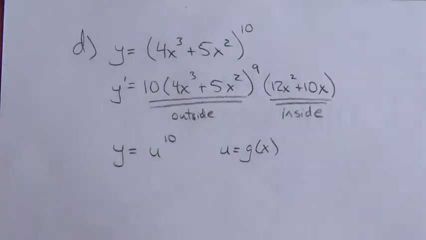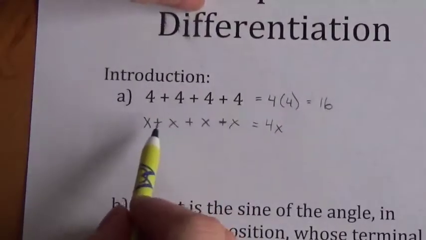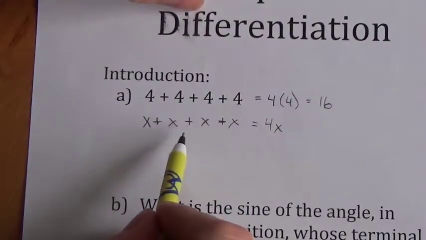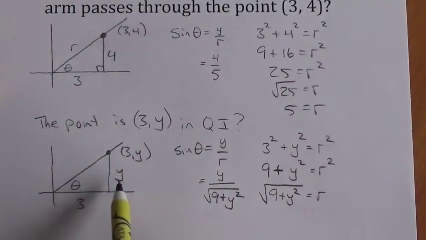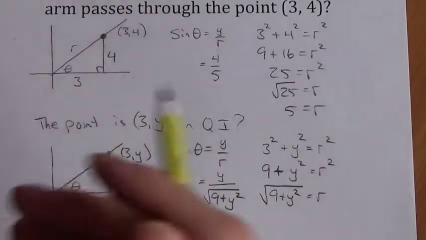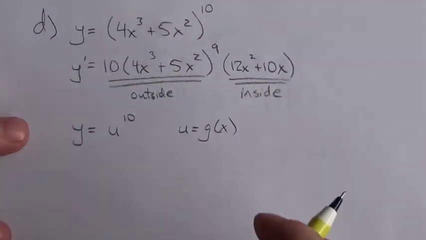I don't know what it is, but I know that it's a function of x. Just like up here, I knew that x referred to a number. Just like over here, I knew that y refers to a number. I don't know what the number is. Here, I don't know what u is, but I know it's a function of x.